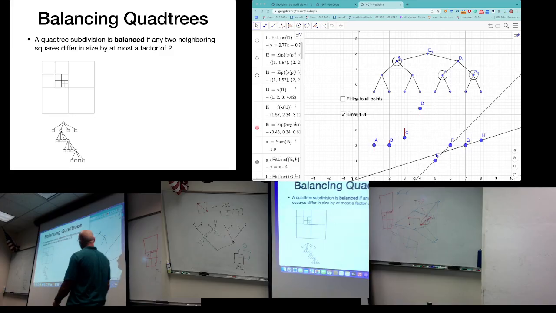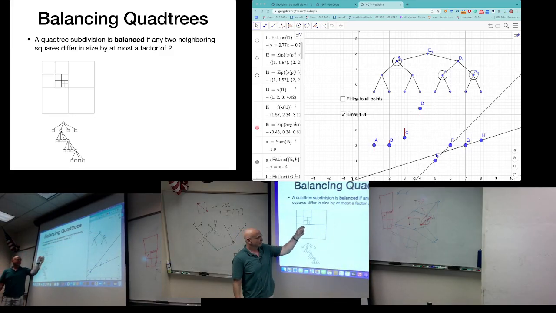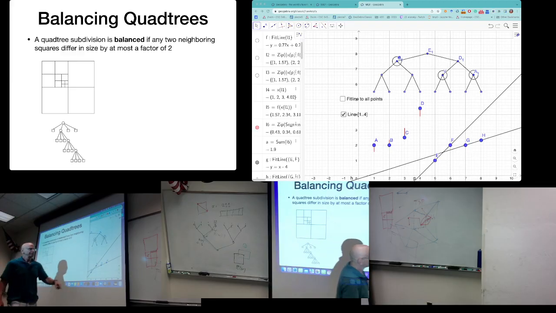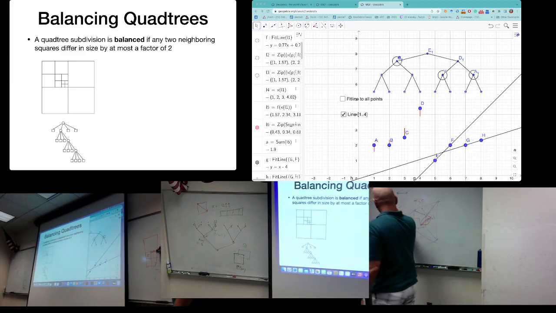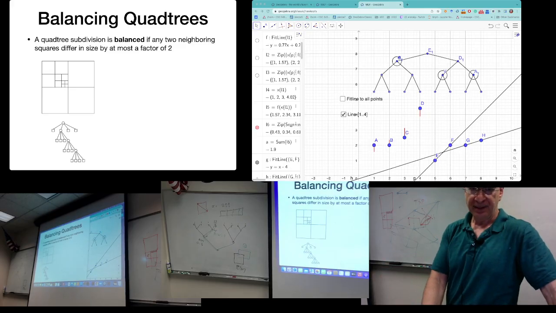So what are balanced quadtrees? Balanced quadtrees say, look at a square and look at its immediate neighbors. Its immediate neighbors should be either of the same size, or possibly twice as large, or possibly twice as small, but not more than twice. I don't want one node whose immediate neighbor is 4 times smaller than this node.